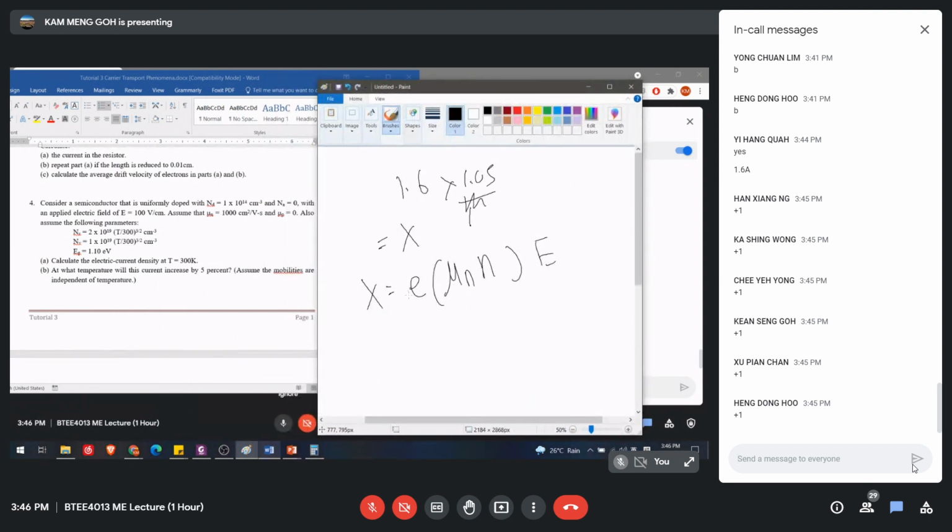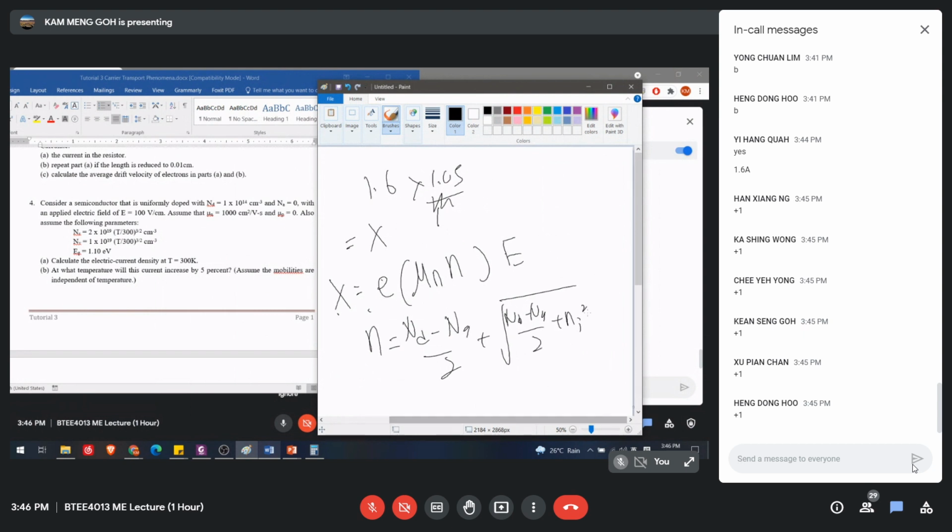Then just divide by mu n, divide by E, so you get your n. And then your n will be equal to (nd minus na) divided by 2 plus the square root of ((nd minus na) divided by 2) square plus ni squared, where your temperature changes will be somewhere around here. Your ni will be equal to the square root of Nc Nv exp negative Eg over kT. And then your Nc and Nv will be changing with T accordingly.